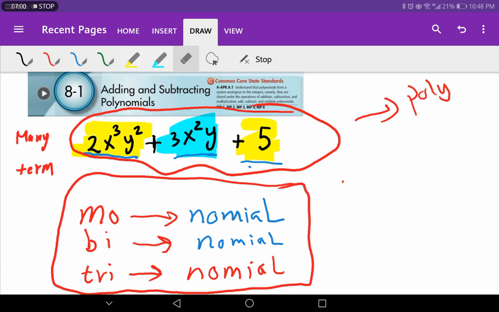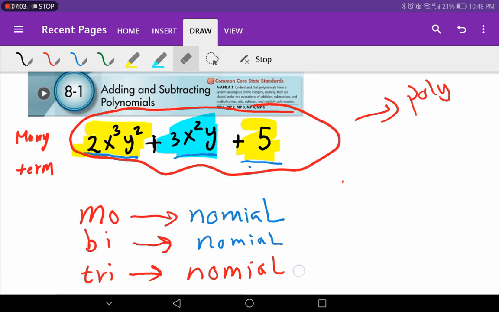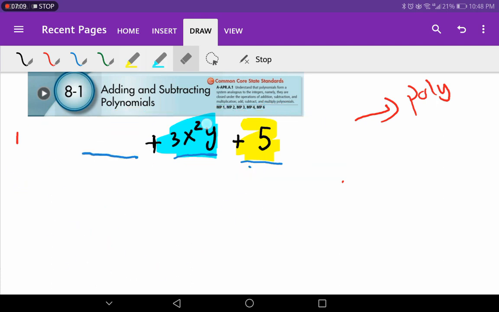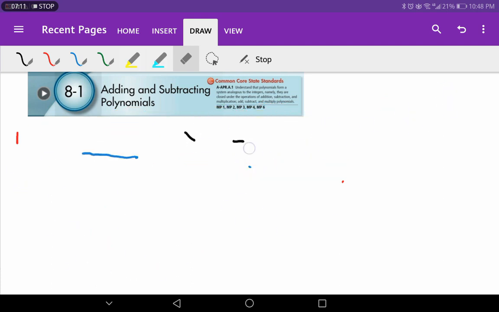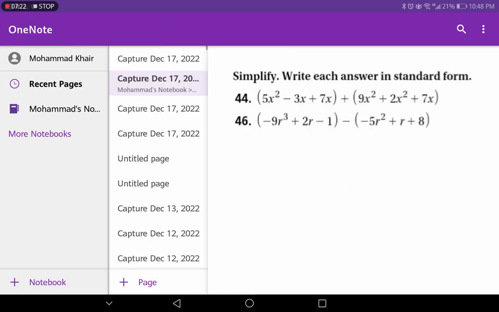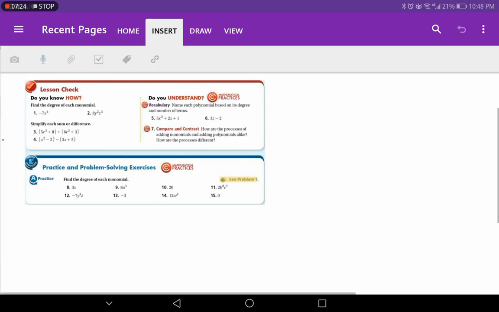Now we have something about a monomial here, my dear student. He will give you a monomial term, one term, and he asks, what is the degree of this monomial? Let us move here, like this question.